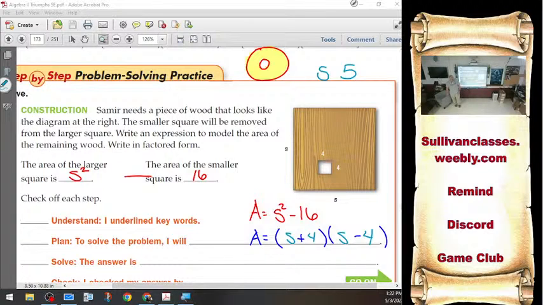I even know one kid who makes all of his 9s look like G's. Okay? Yeah, you're looking right at him. I'm not joking. 959 in Chinese.